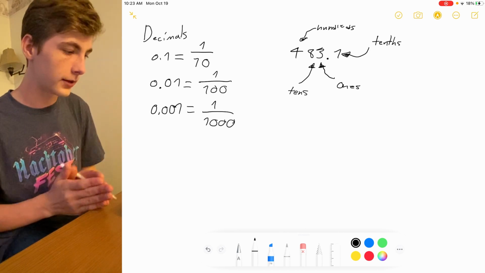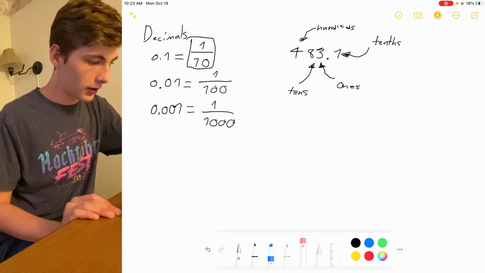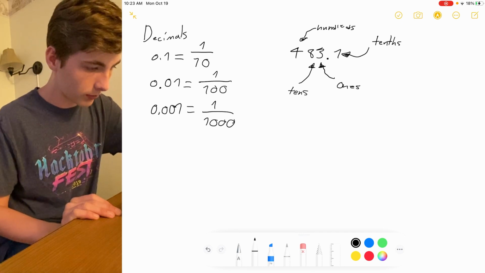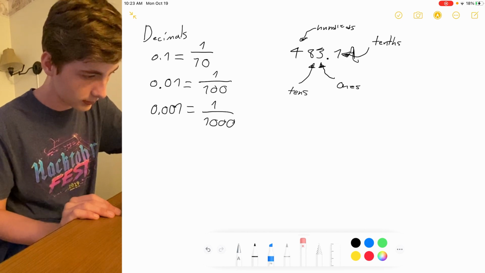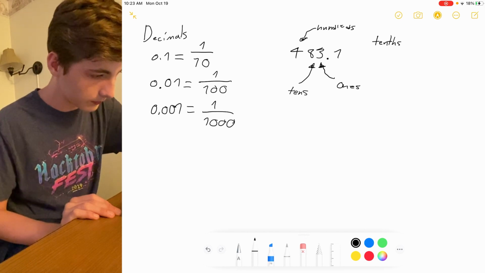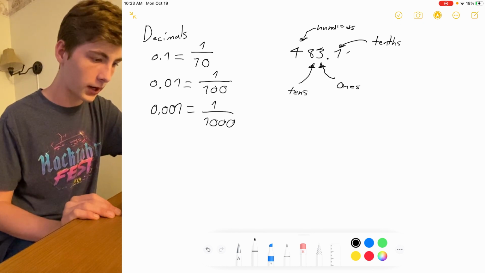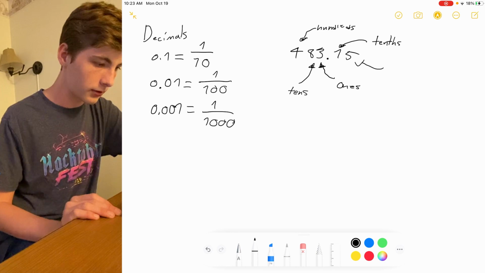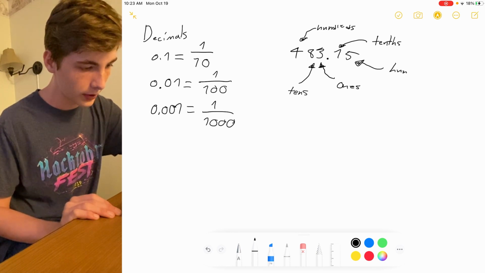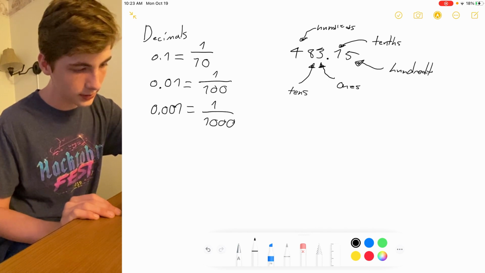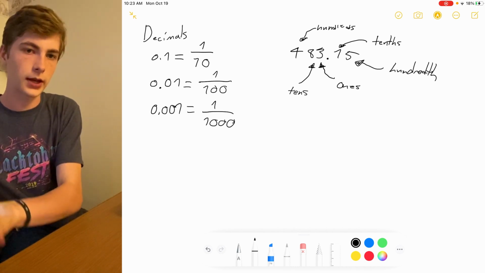And all a tenth is, it's this right here, this fraction, 1 over 10, right? Okay, I shouldn't have drawn that arrow there. Let's get rid of that. So if we had another number after that 1, say a 5, then now that is in the hundredths place, right? And it goes off in the exact same way, 10, 100, 1,000, 10,000, 100,000, million, etc.